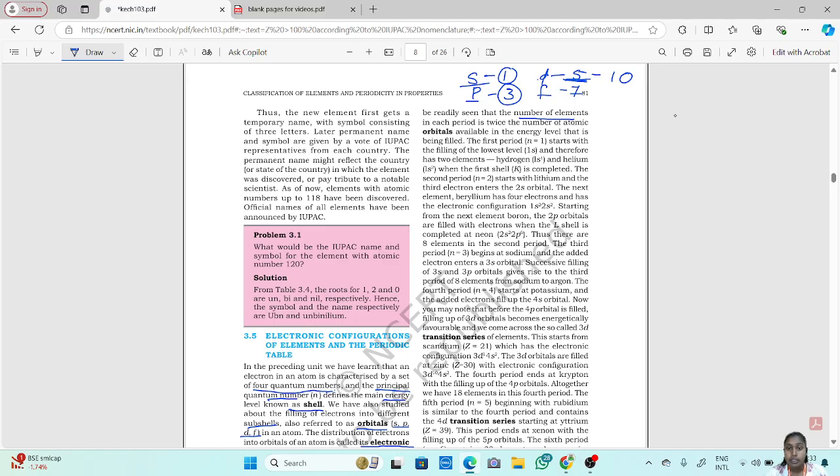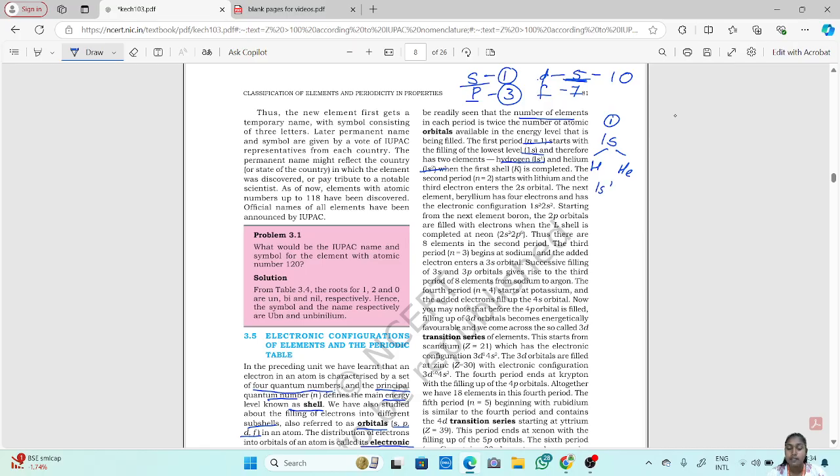Now the first period, that is n is equal to 1, starts with the filling of the lowest level 1s, and therefore has two elements, hydrogen and helium. So the first period starts with the filling of the 1s orbital, and it has two atoms associated with it, hydrogen and helium.